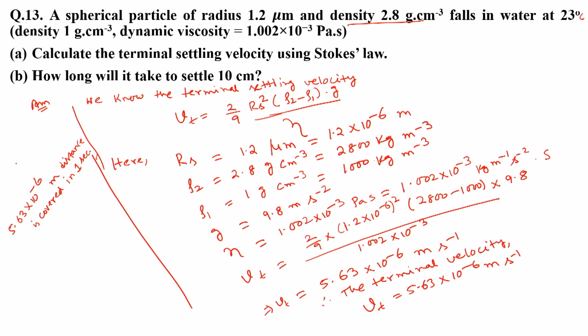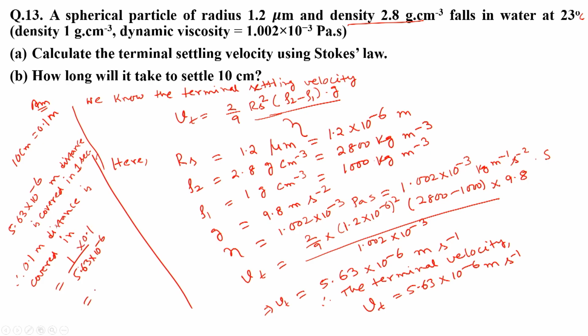And 10 centimeter is 0.1 meter, right? Therefore 0.1 meter distance is covered in 1 by 5.63 times 10 to the minus 6 times 0.1.